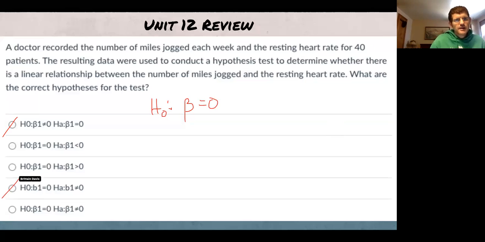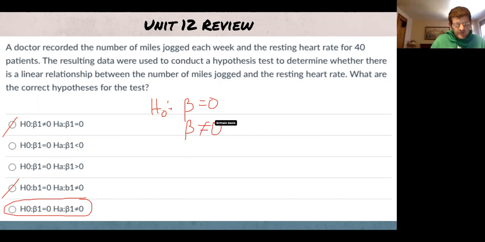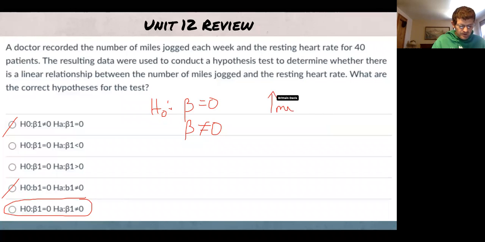Now the other one is a little bit trickier. Because it doesn't say specifically what direction we think this slope should be going, the best answer is this one right here. The alternative would just be that beta doesn't equal 0. This is a little bit tricky because, having some prior knowledge, you might think that as jogging miles goes up, your heart rate will go down, which would be a negative slope.